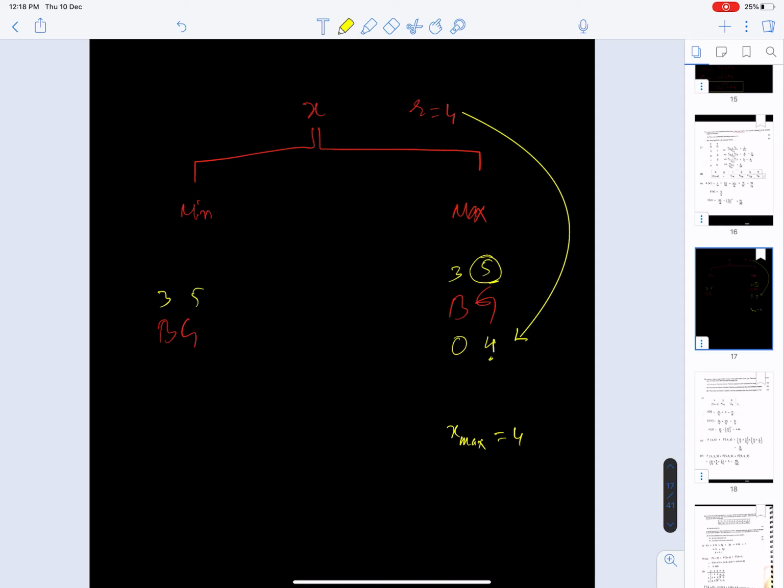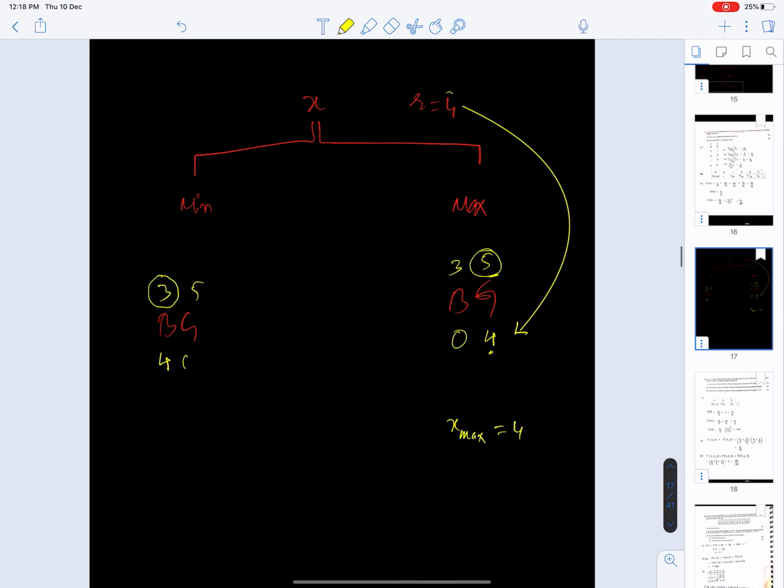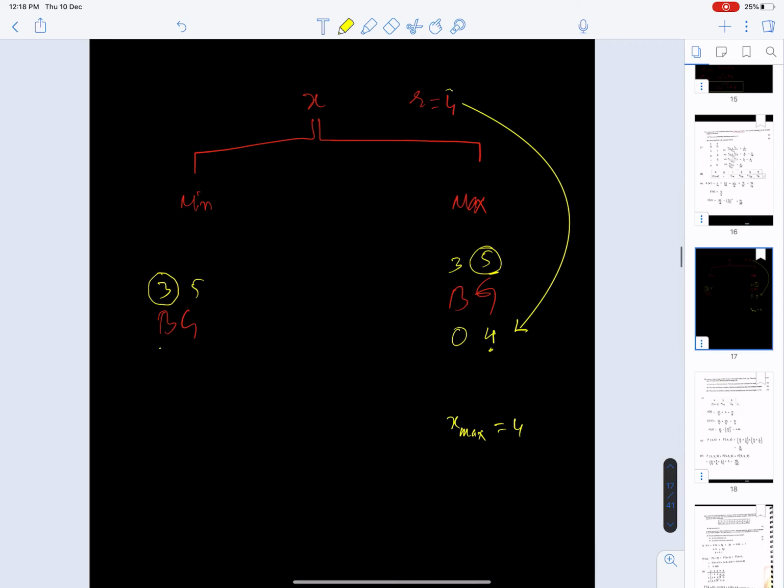Try to take all 4 boys, which is not possible because boys are less in number than the requirement. So you should go to this option: take 3 boys with 1 girl. So the minimum value of x is 1.